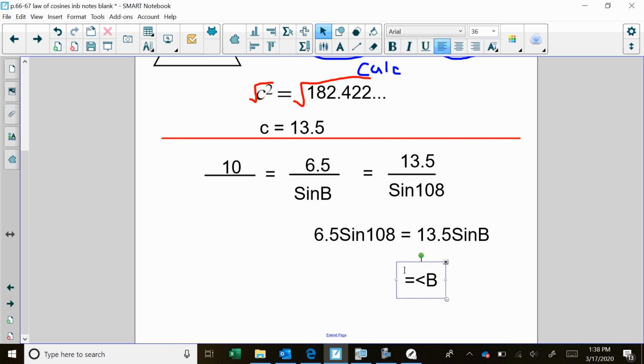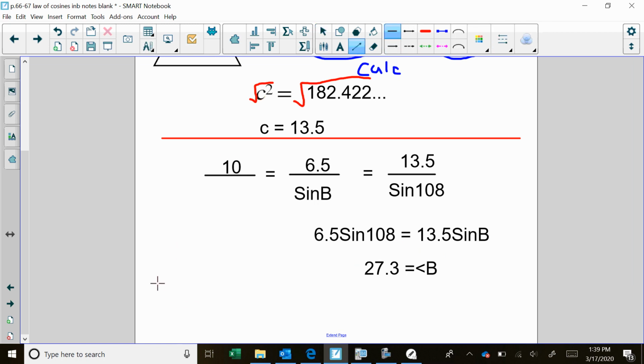So after doing the calculation, you're going to divide by 13.5, take an inverse sine, and after all that is said and done, you will have an answer of 27.3. That's your angle B, after calculating your law of sines right here.